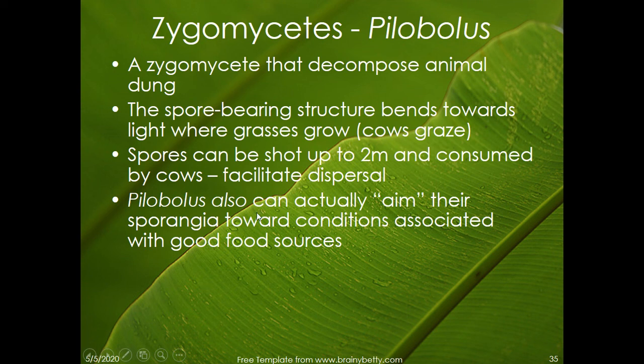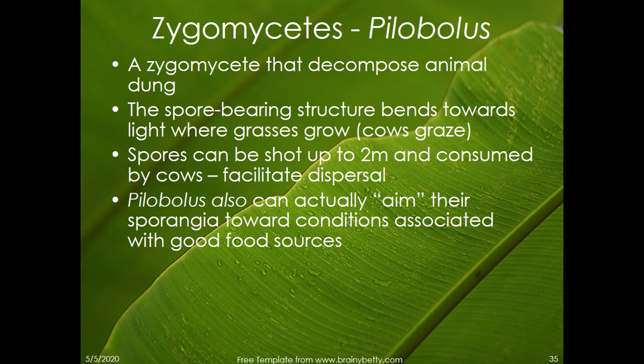Okay, so Pilobolus can actually aim their sporangia toward the condition associated with a good food source. Okay, for example, if the good grass is on the left side, they will shoot their spore to the right side.